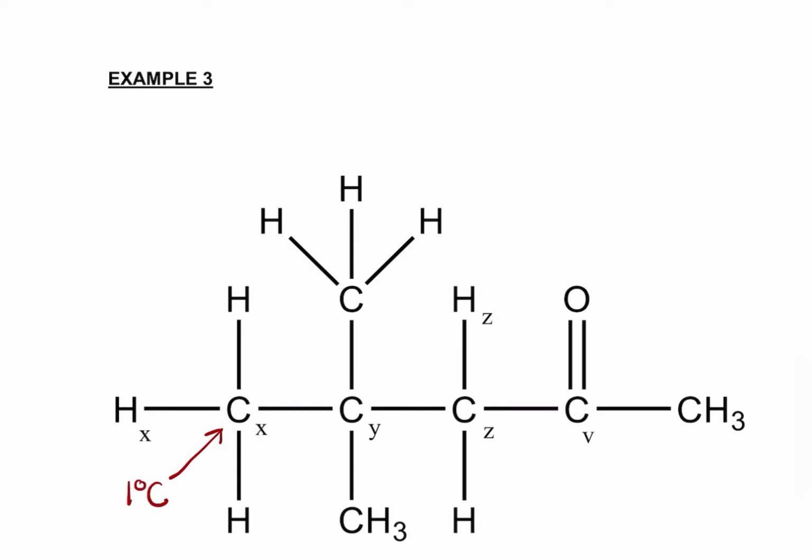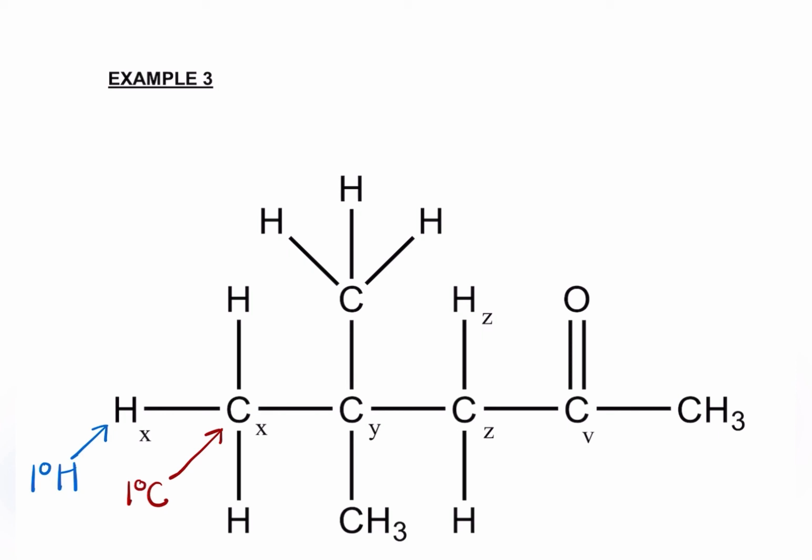That's how you write your answer. Next one, when you want to classify the hydrogen atom, which is in this case HX, automatically HX will has the same class as CX because HX is attached to CX. So you will write it with an arrow pointed to HX with primary hydrogen.